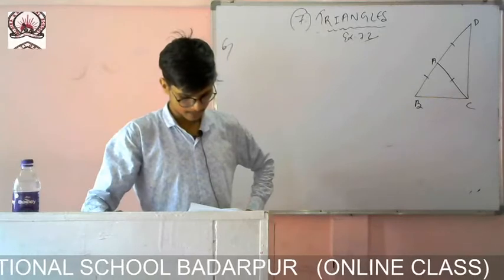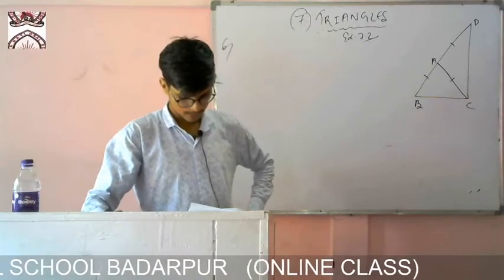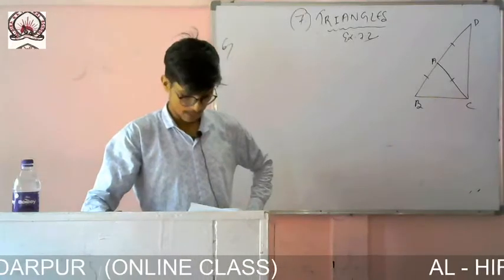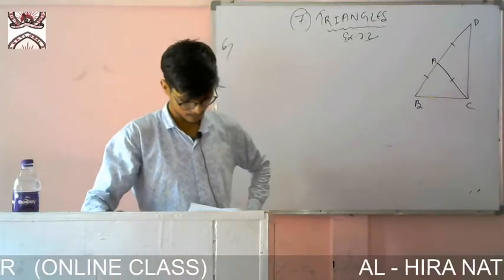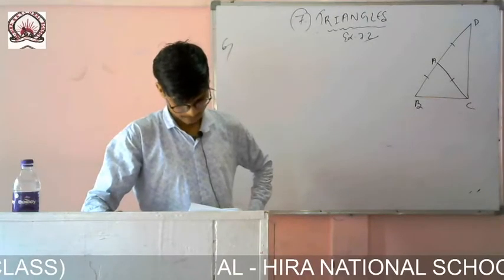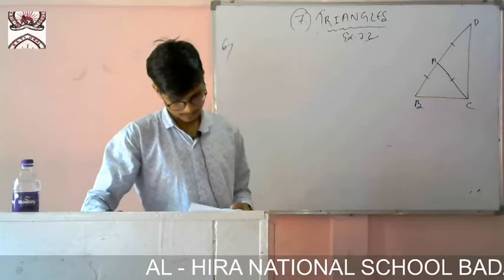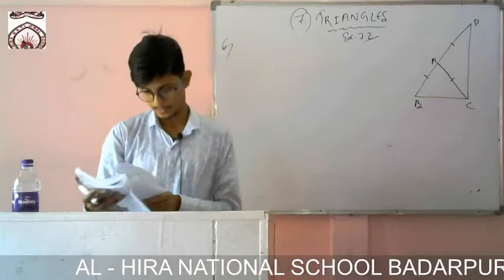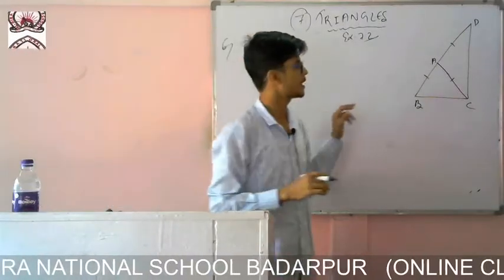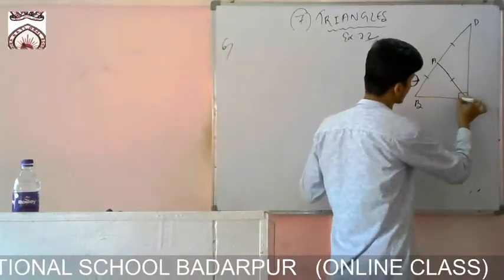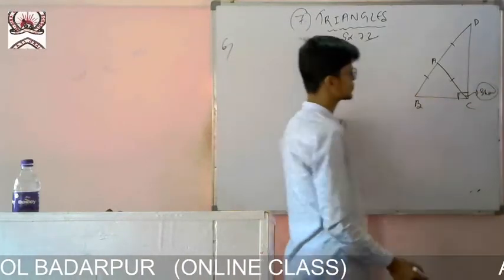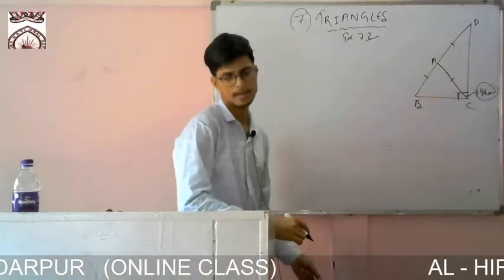Side BA is produced to D such that AD equals AB. That means this side is also equal. Show that angle BCD is a right angle. So I have to show that this one is a right angle.